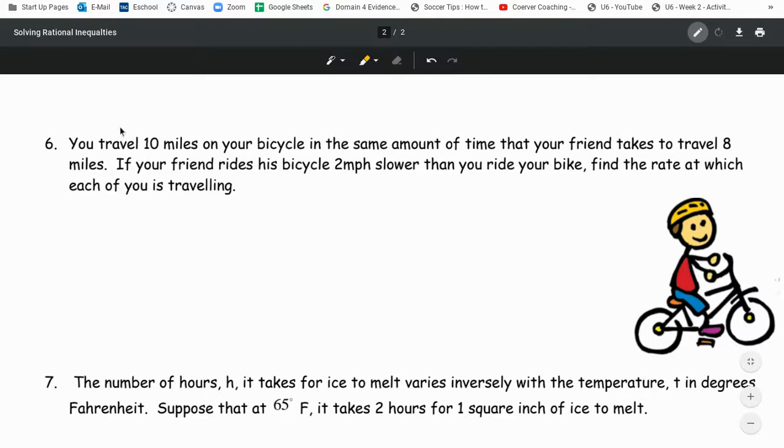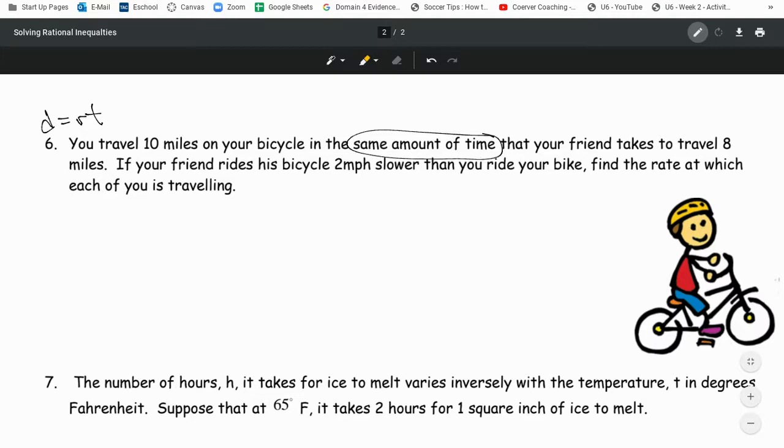Okay, anytime you're traveling, you need to understand that this is the simple formula we use: distance is equal to rate times time. Now, as I read this, I ask myself, what's the same between myself and my friend? And what's the same is the time.